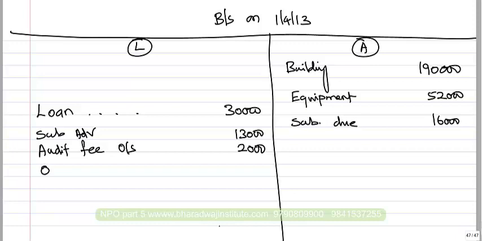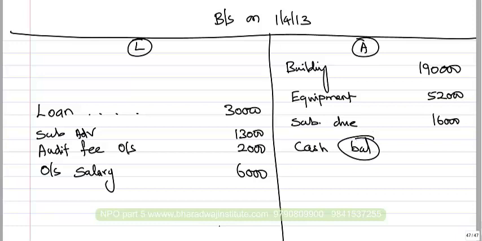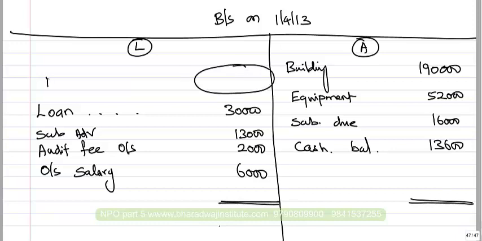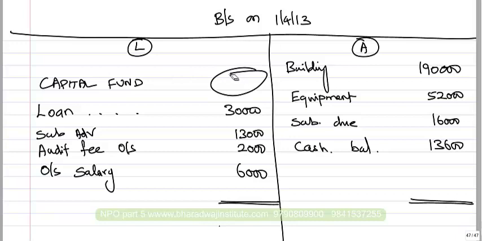Then outstanding salary. Then cash balance we worked out now. How much? Then this is the capital fund. Capital fund how much? 2,20,000.